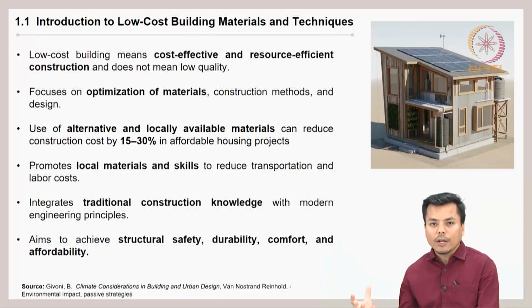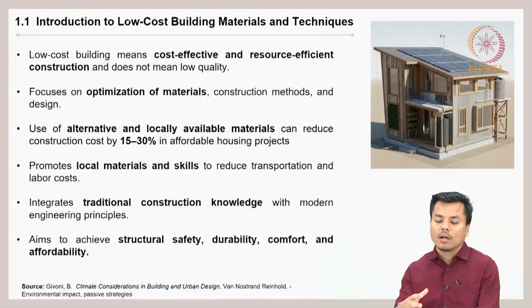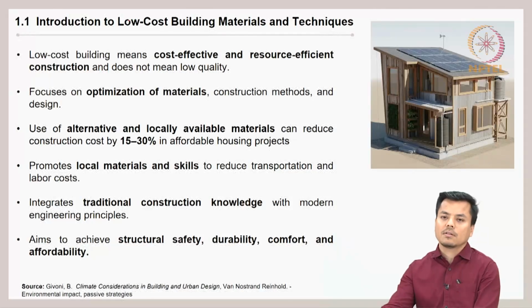Similarly, in warm and humid regions like Assam or the entire northeast region, a building made of bamboo, which is locally available, provides more comfort and ensures safety, because the entire region is highly earthquake prone. So using bamboo as a material ensures safety and also provides comfort to the users. It also helps achieve affordability in the construction sector.